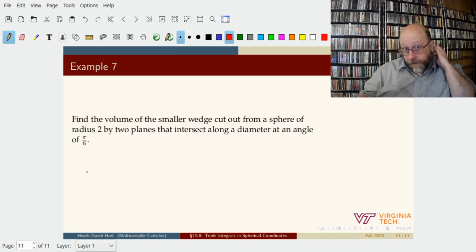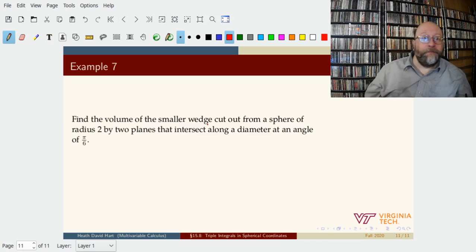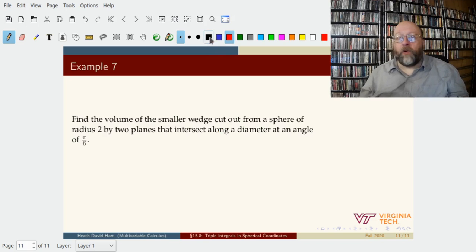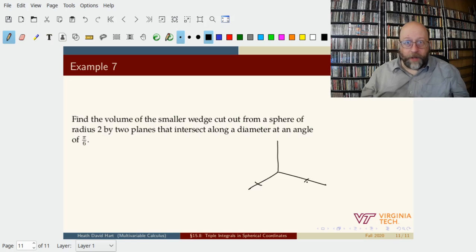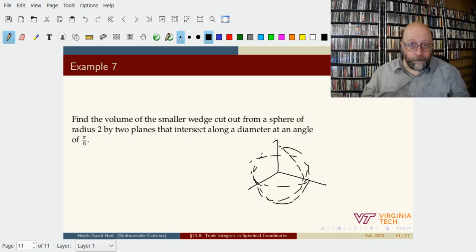Let's move on. Last one, number 7. Find the volume of the smaller wedge cut out from a sphere of radius 2. So again, we're looking at a sphere of radius 2. All right, that's not a very good drawing, but that's okay. It is cut by two planes that intersect along a diameter. The easiest diameter to use is one that goes from the North Pole to the South Pole.